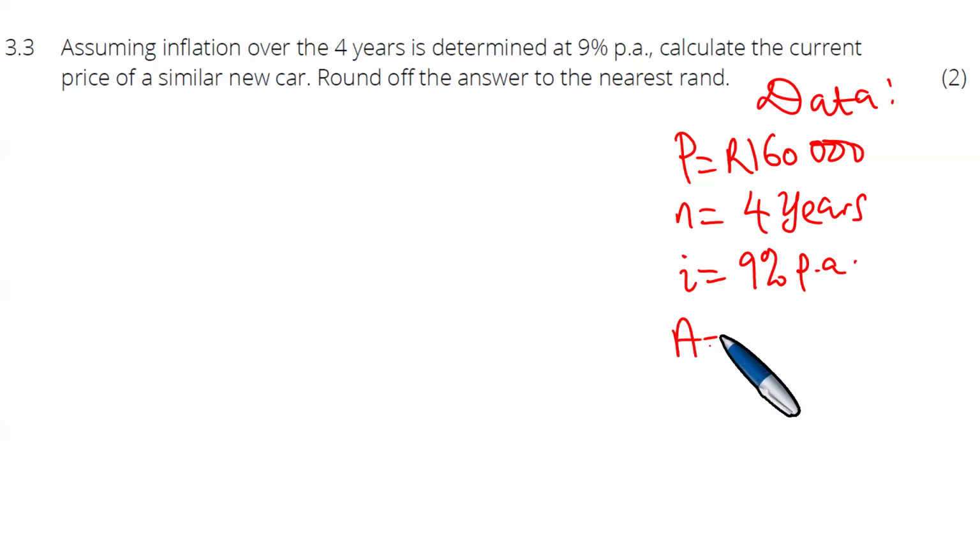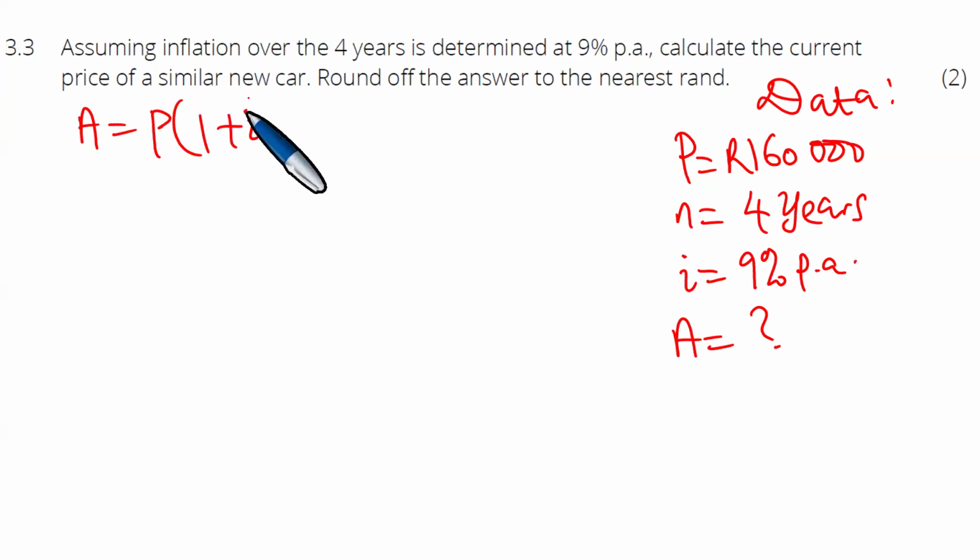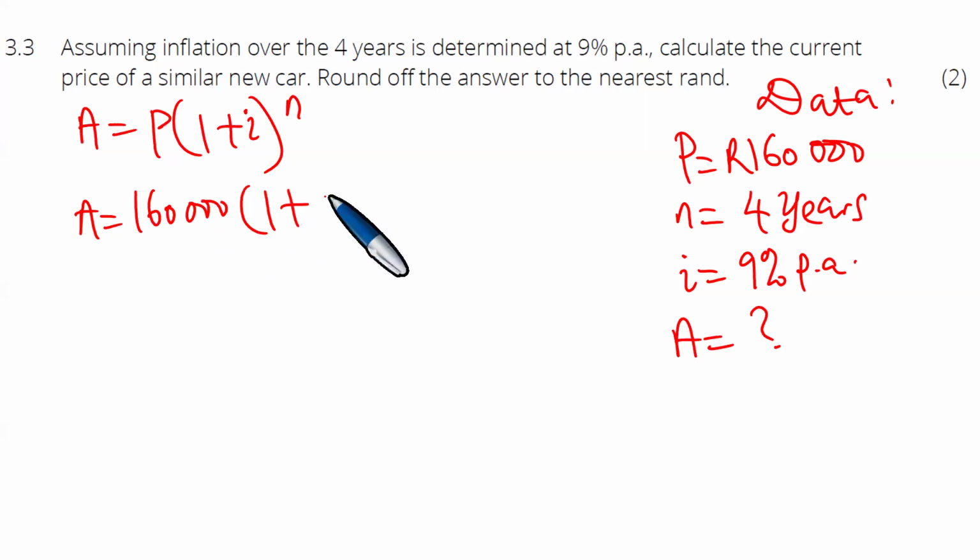So we need the price of a similar new car, meaning A equals. Okay, the car is subject to inflation, so we expect the value is going to increase a lot. A similar new car will be very, very expensive. So the present value is 160,000 times 1 plus i, which is 0.09.